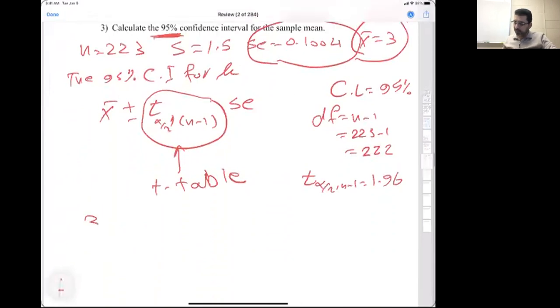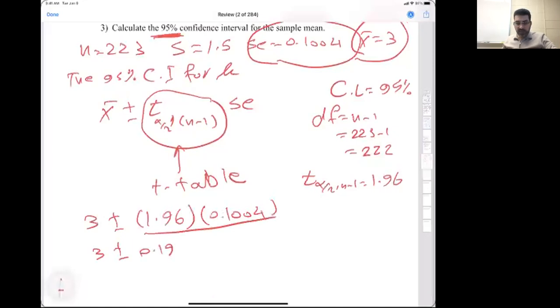So it's 3 plus or minus 1.96 times the standard error, 0.1004. Now find the margin of error, which means this part. We have here 0.1978, and then find the upper limit and the lower limit.